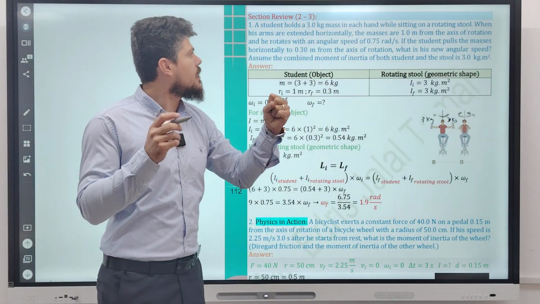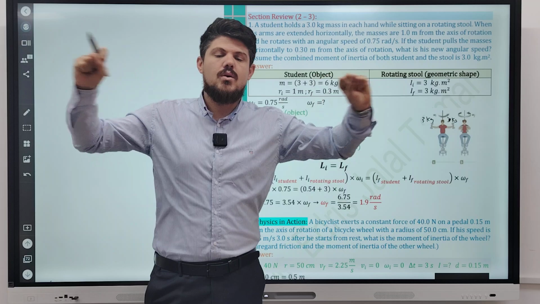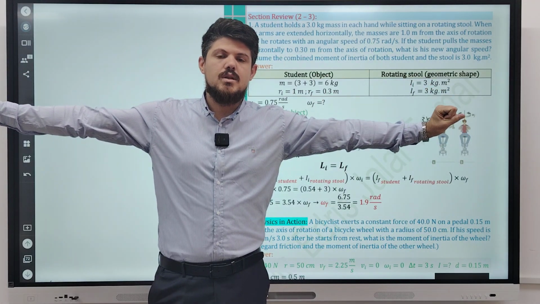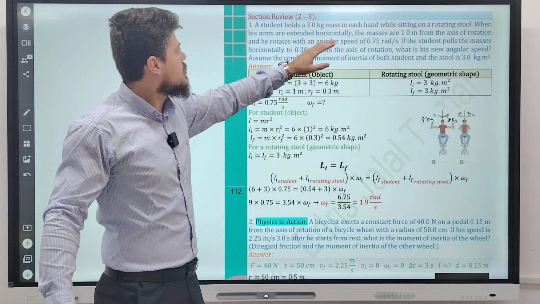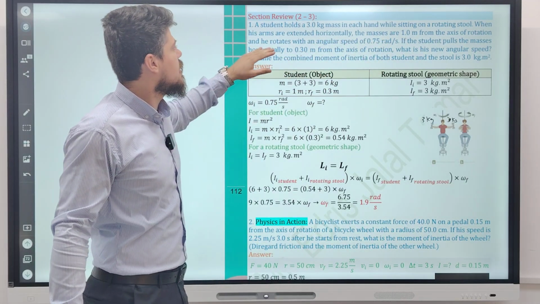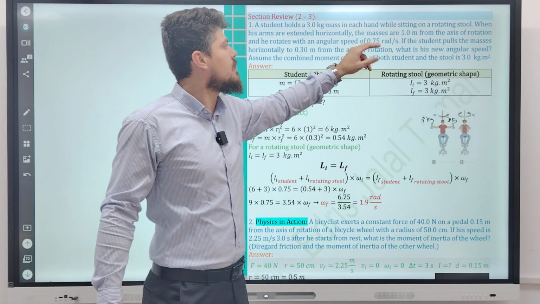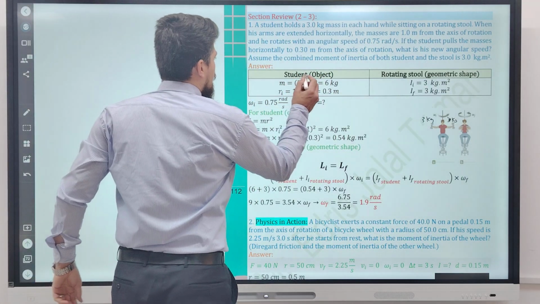When his arms are extended horizontally, it means that the moment of inertia increases. The masses are 1 meter from the axis of rotation, and he rotates with an angular speed of 0.75 radian per second. So this is correct.